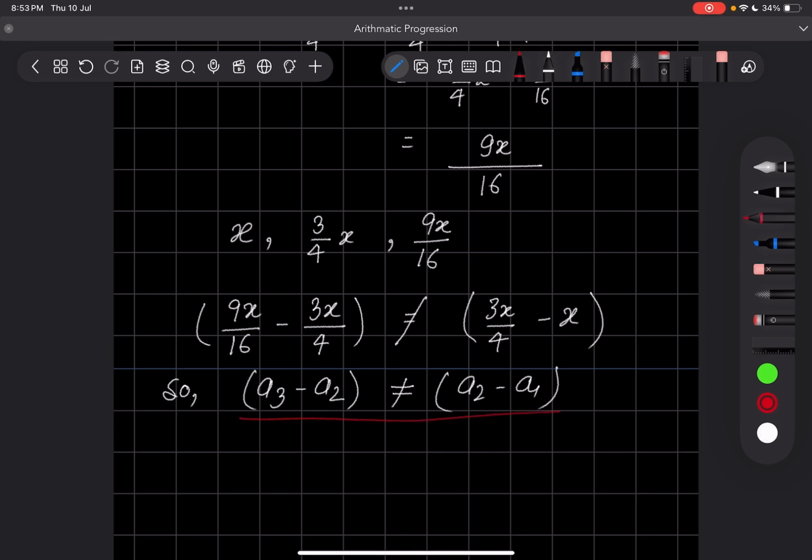And this mathematical statement states that the given statement is not an AP.